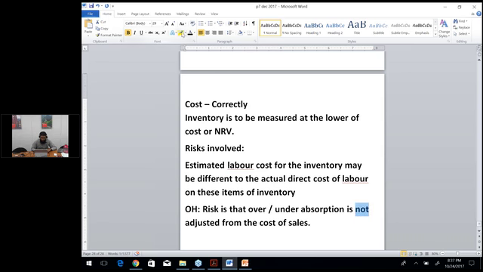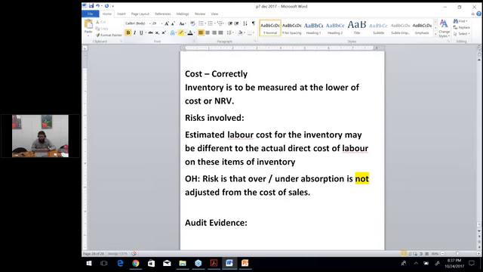Now, what next? If I talk about the audit evidence, the audit evidence is actually derived from the procedure. You perform the procedure, and the result of the procedure is you actually get the evidence. So what exactly is going to be the audit evidence?